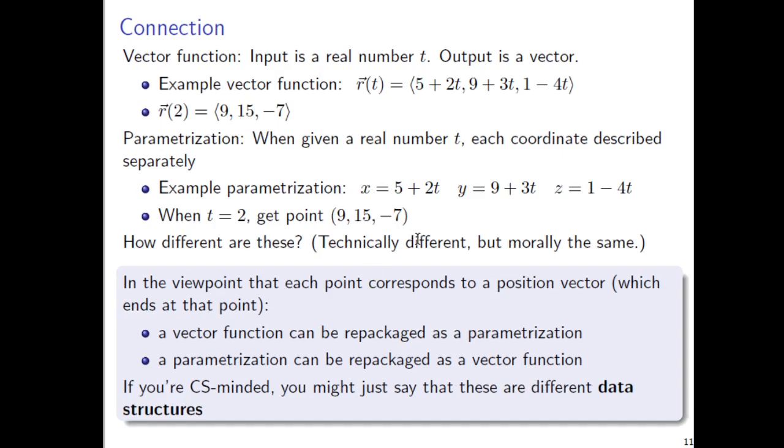Three real numbers as data, but technically they're different because one's a vector and one's a point. That's what I mean by different data structures. Ultimately, the same amount of data in, a single real number, 2, for both of these, and the same amount of data out. The three components of a vector are all real numbers, and the three coordinates of a point are all real numbers.